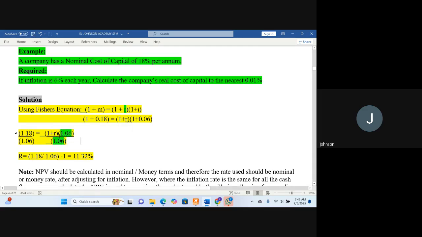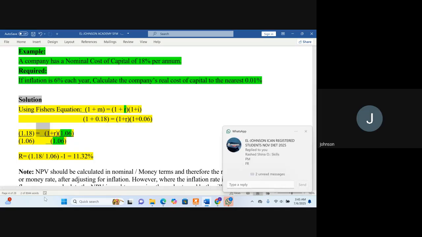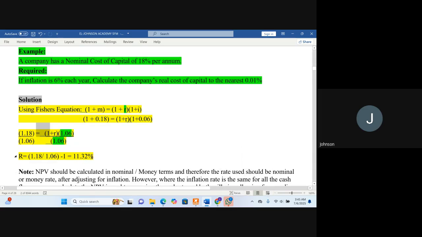So this 1.06, we cut this 1.06, then your 1 plus R will now be alone. So we now say, collect like terms, we let 1 cross the equal sign so that only R will be remaining. So the 1 here now becomes a minus. So it now becomes R equals 1.18 divided by 1.06 minus 1. The answer, when you do it mathematically, you now get what we call 11.36%.